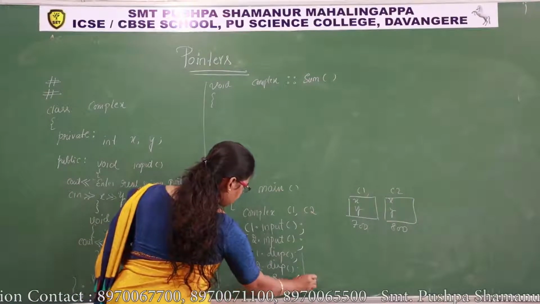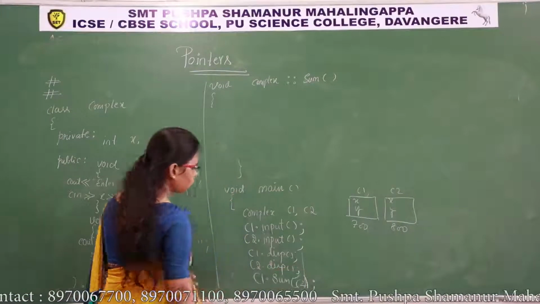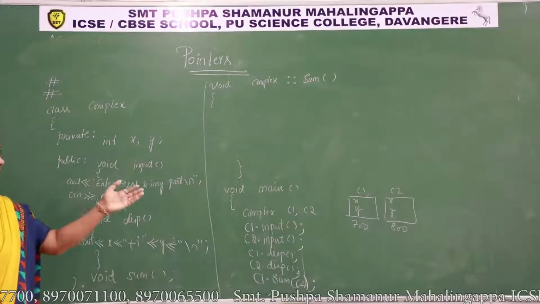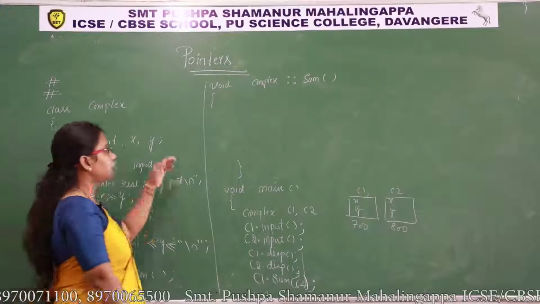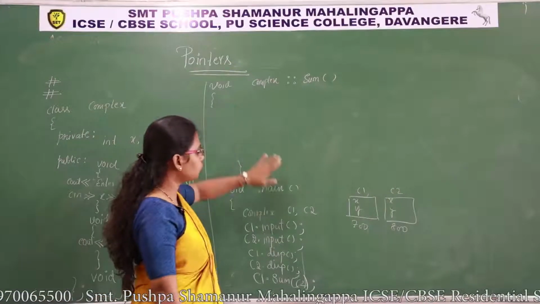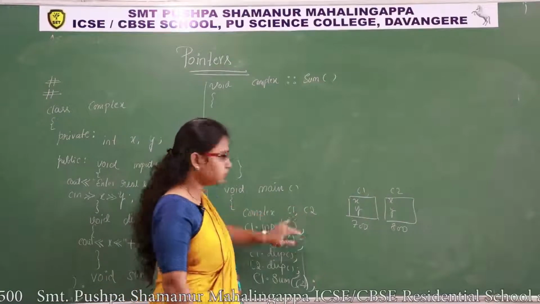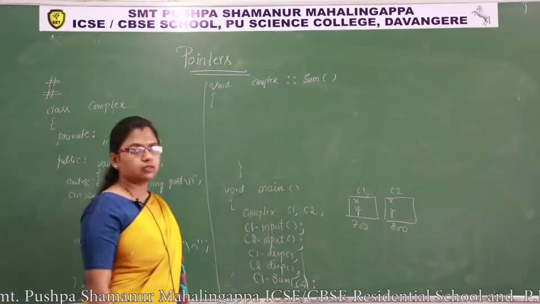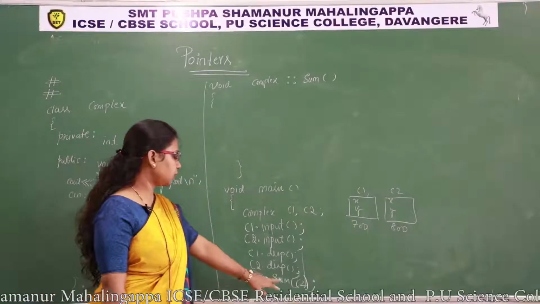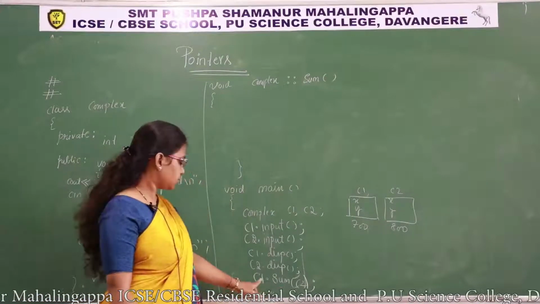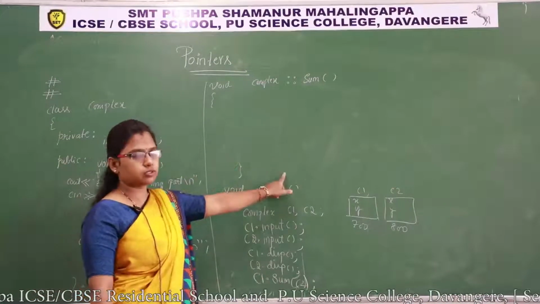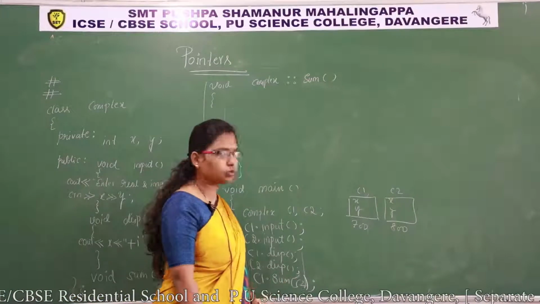I will pass one object as an argument because, in order to add two complex numbers, C1 and C2, we have taken a function called sum. This function requires both objects C1 and C2, and according to the rule, using one object we have to call the function, C1 dot sum, and that function requires another object also, so I have to pass another object as an argument.